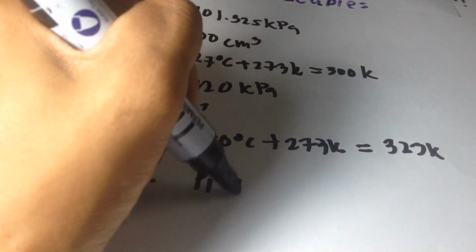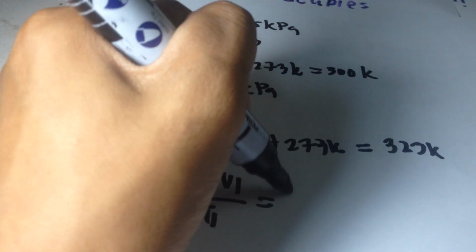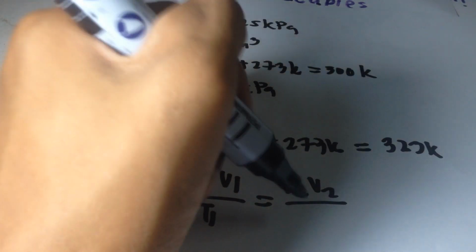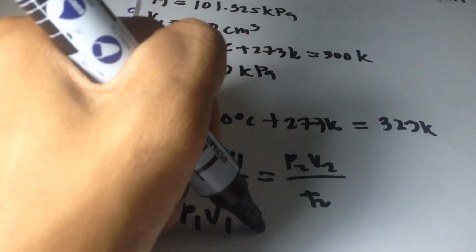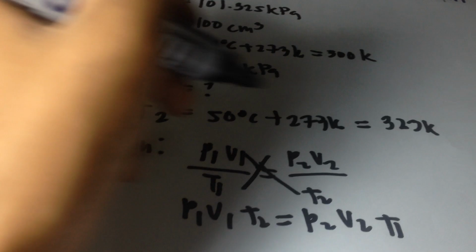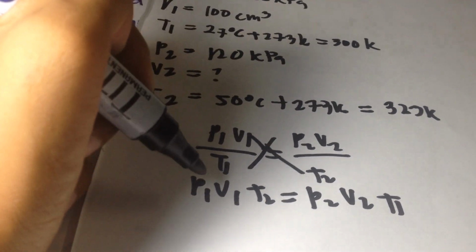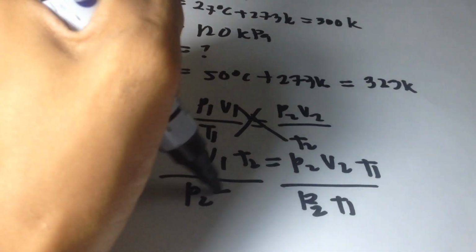Let's use again the formula: P1V1 over T1 equals P2V2 over T2. So you need to cross multiply: P1V1T2 equals P2V2T1. Divide both sides by P2 and T1, so you need to cancel here.